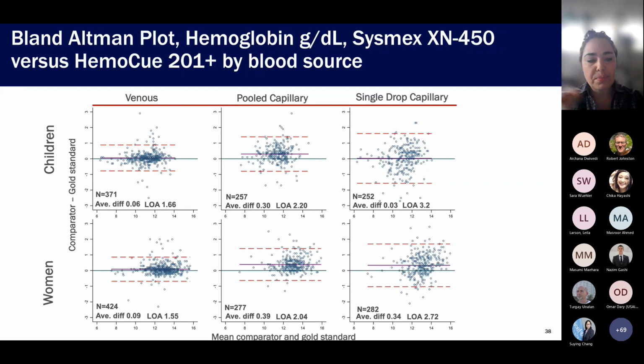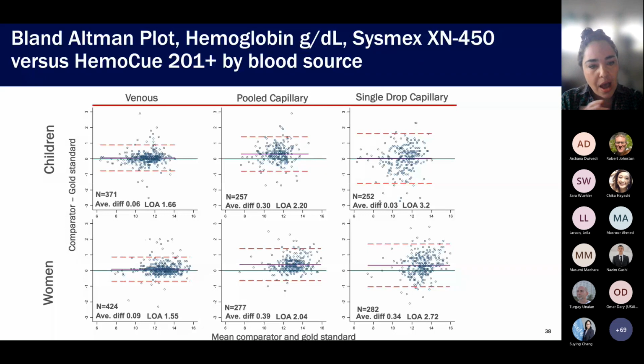If the 2 measures agreed perfectly, the dots would be lined up horizontally on 0. The red lines indicate a 95% limit of agreement. The y-axis is the hemoglobin result by blood source measured on the HemoQ 201 plus minus the hematology analyzer. And the x-axis shows the average of these 2 measures.